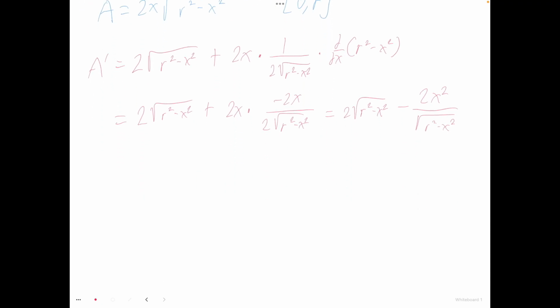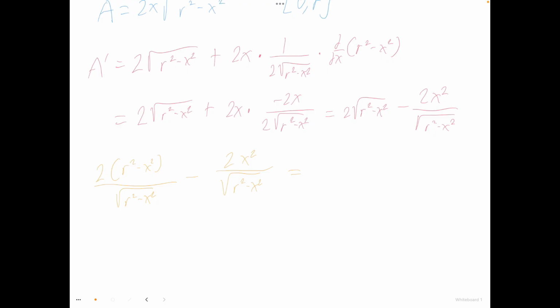Now since we are going to figure out when this is 0, I'm going to get a common denominator. So I'm going to multiply the first thing by the square root of r squared minus x squared over itself. So we have 2 times r squared minus x squared divided by the square root of r squared minus x squared, minus 2x squared over the square root of r squared minus x squared.